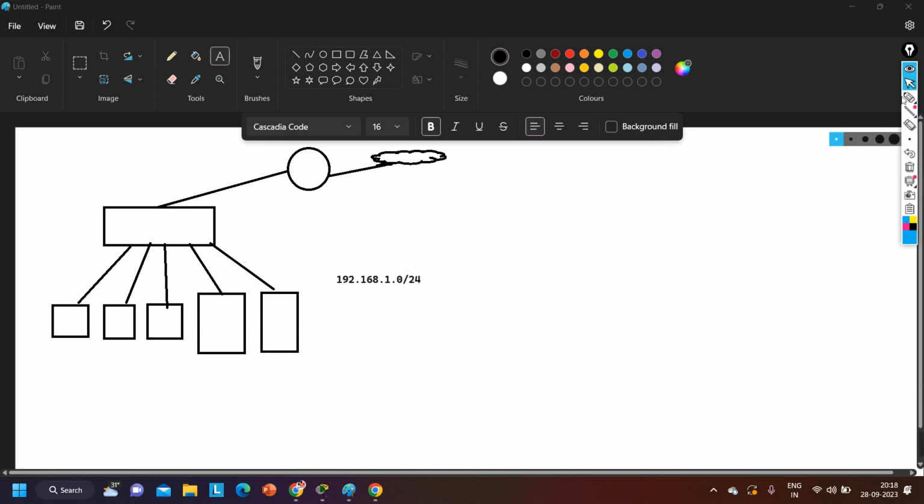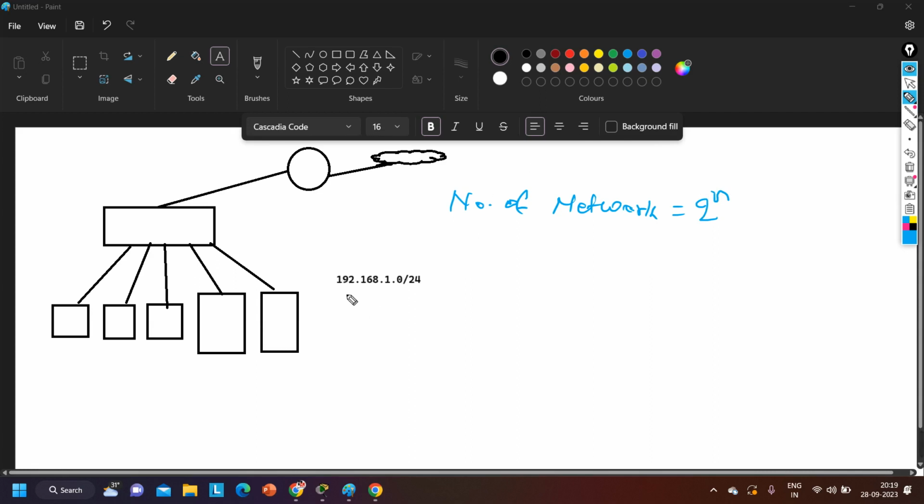Now guys, see, there are three formulas for subnetting. The first one is the number of networks. The formula is very simple: 2 to the power n, where n is the borrowed bits. Borrowed means the network bits which go into the host portion.